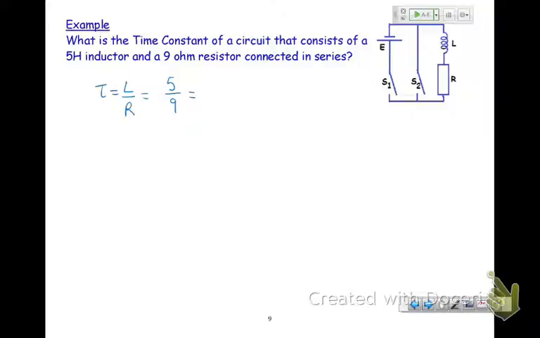Actually, because I do this for a living, I brought my little calculator with me. So this would be 5 divided by 9, which equals 0.55, so this would be 0.55 seconds.